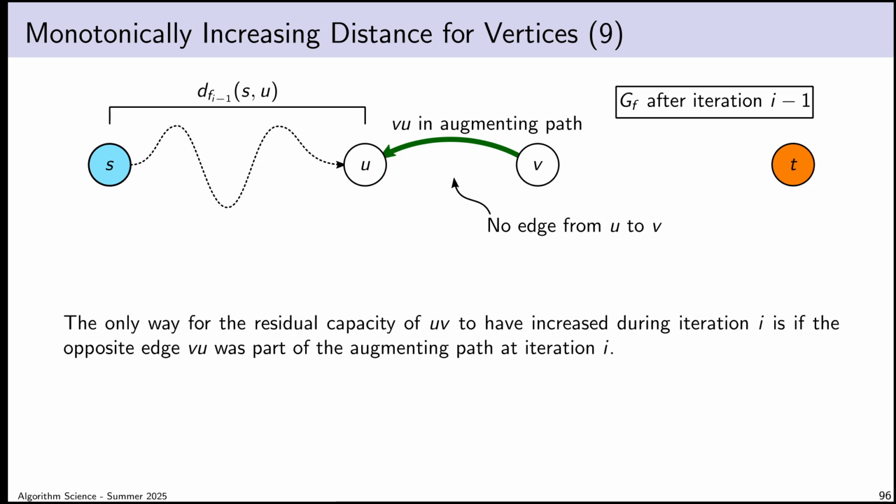The only way for the residual capacity of uv to have increased is if I pushed some flow in the opposite direction. That's the only way residual capacity can go up from nothing. So what that's telling me is that the edge vu was part of the augmenting path at iteration i. So before the end of iteration i, the augmenting path that I chose during iteration i contained vu.